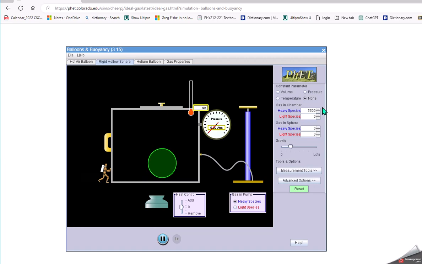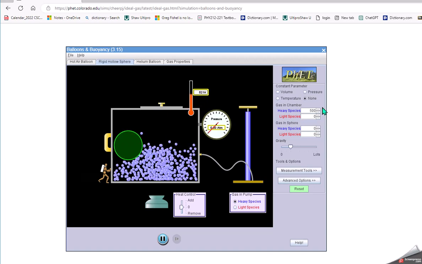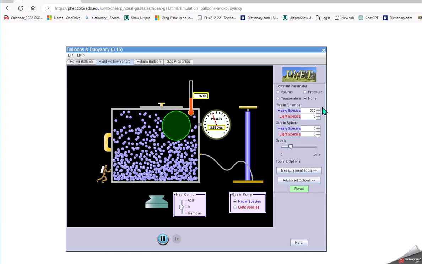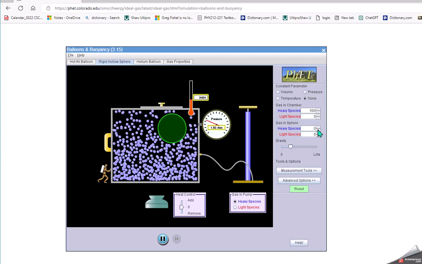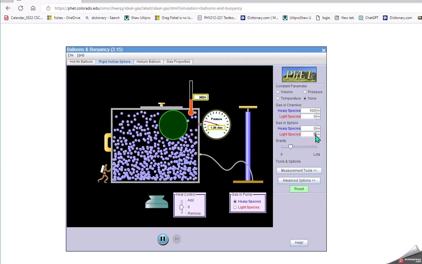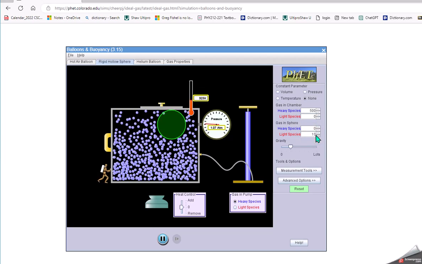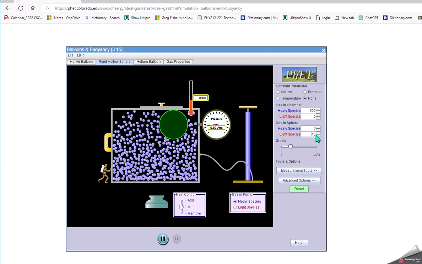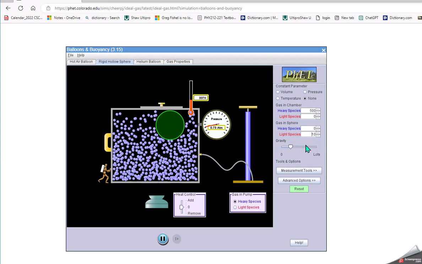500 heavy species. Why heavy? Because you want lighter in a balloon. So heavy outside, 500 of them. So immediately you see it bumps the balloon up. At the same time you put something inside the balloon, 10 inside the balloon.